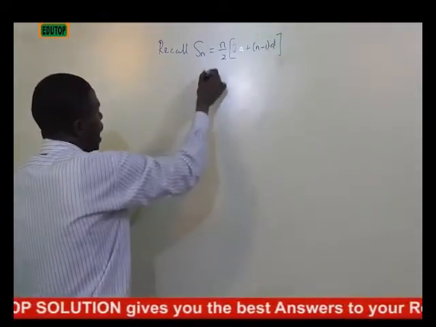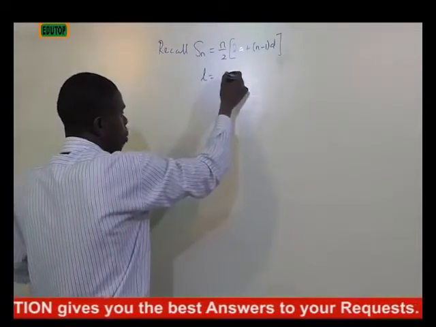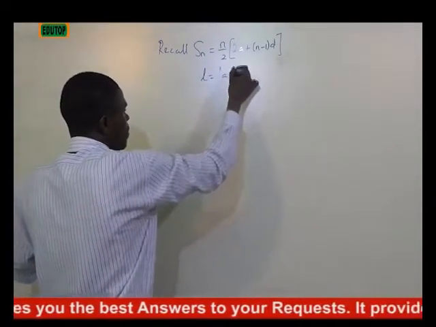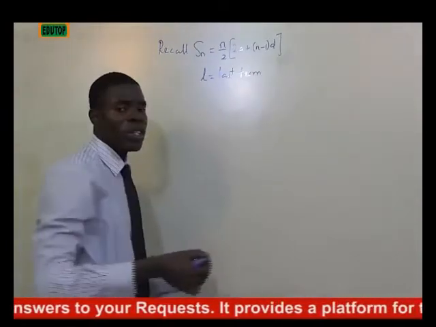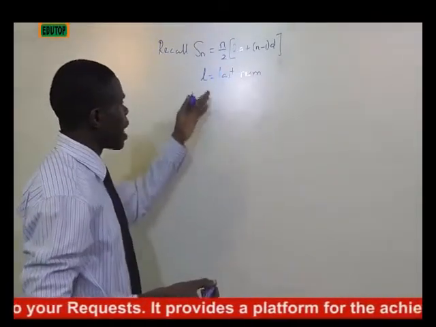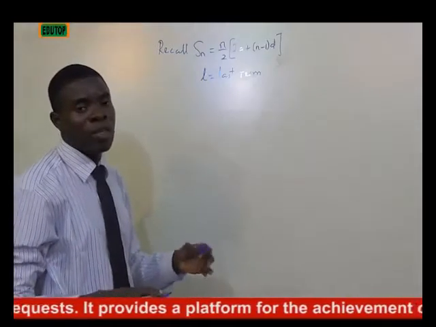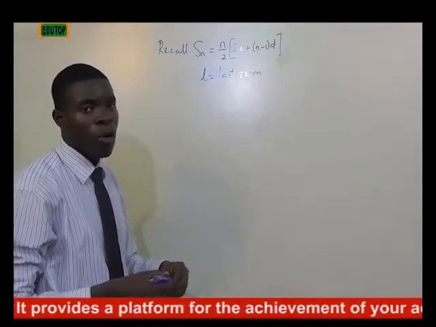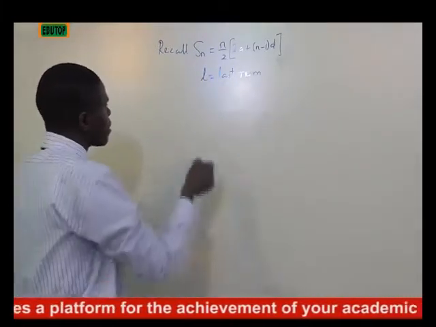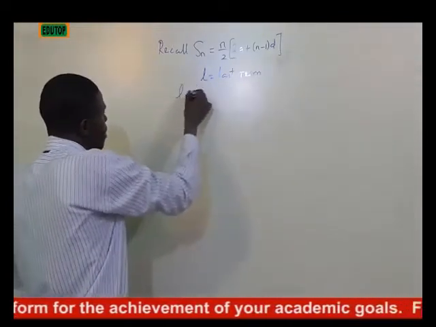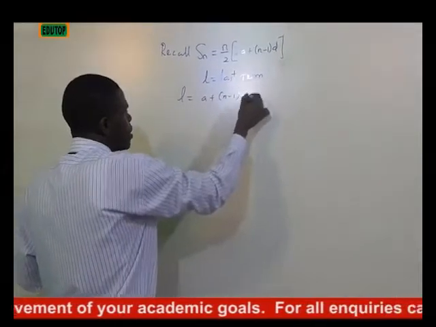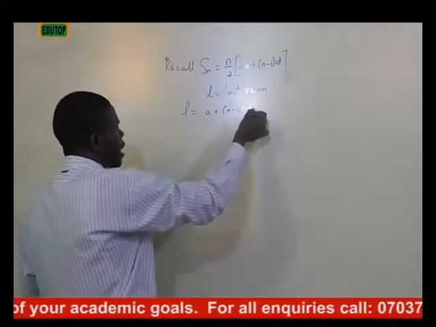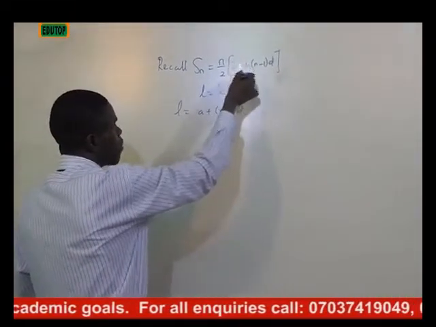In a case whereby the last term is incorporated, because you can be given the last term and asked to calculate the sum, since the last term is a plus (n minus 1)d, it can be deduced from this formula.